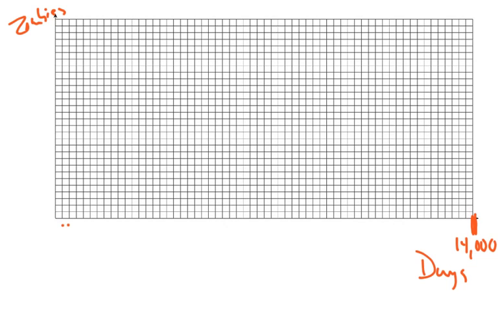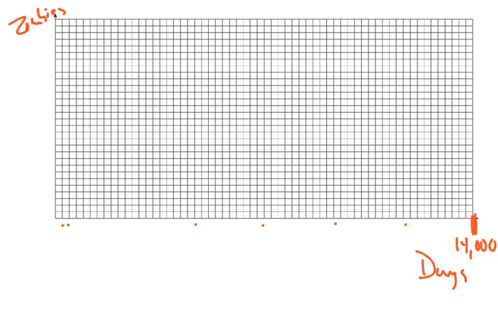So there's actually 1, 2, 3, 4, 5, 6, 7, 8, 9, 10, 11, 12, 13, 14, 20, 30, 40. I'm not saying every number out loud because that's just weird. 50.